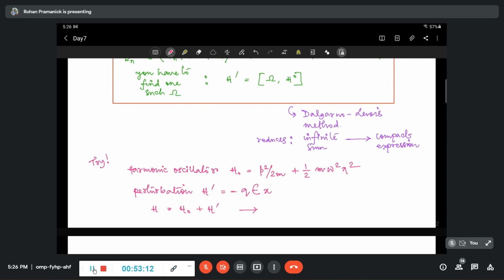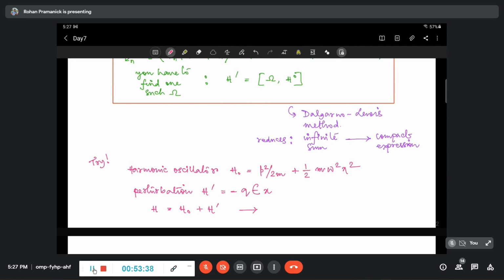So let's say your Hamiltonian is p squared over 2m plus half m omega squared x squared. This is nothing but the half k x squared term. So how can a harmonic oscillator have this kind of Hamiltonian with some charge? Let's say your harmonic oscillator has a charge and you place it in some kind of electric field.